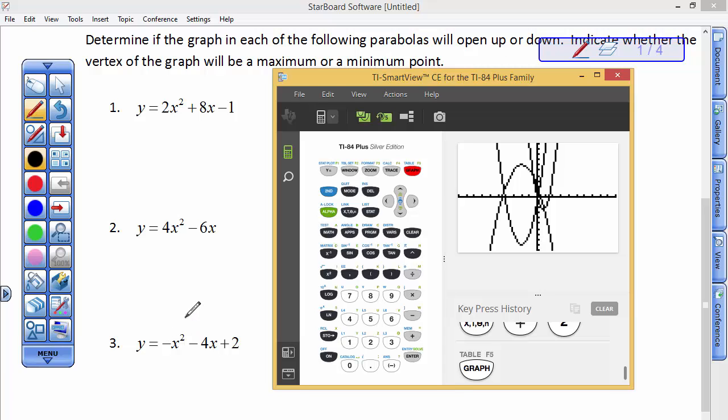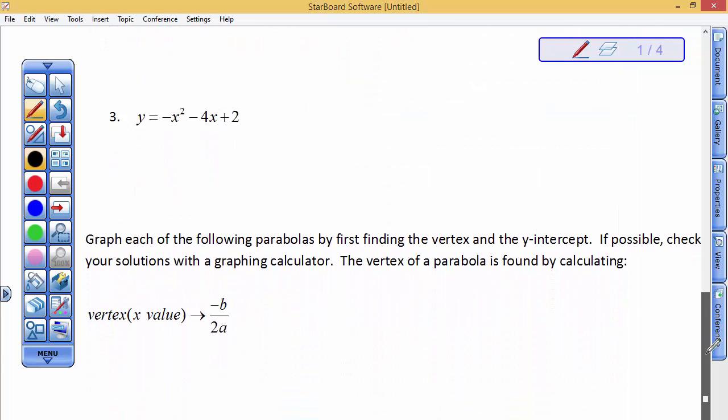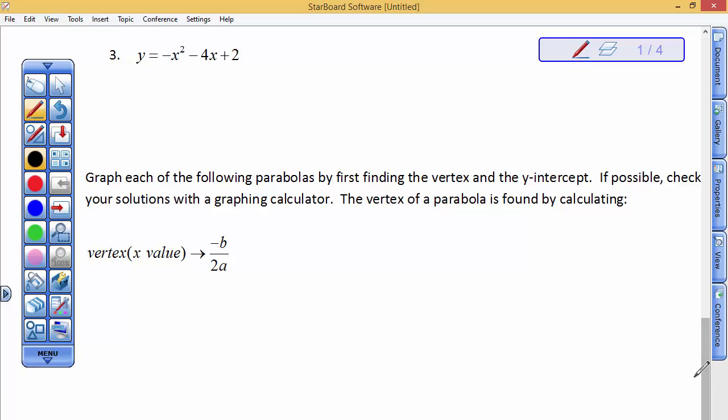So we'll check all of these every time, but what I want to do now is start graphing these by hand, and one of the simplest ways to do this is to find the vertex of the parabola and then possibly the y-intercept, and then check with a graphing calculator. Well, the vertex of any quadratic equation is found by taking the opposite of the b value divided by 2 times the a value.